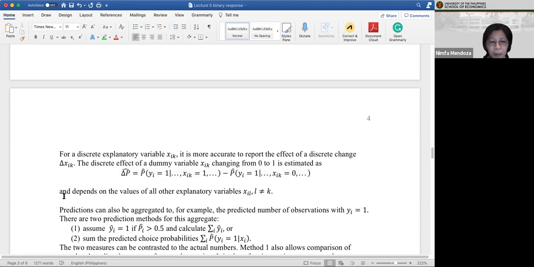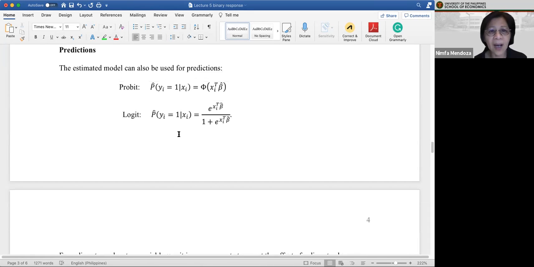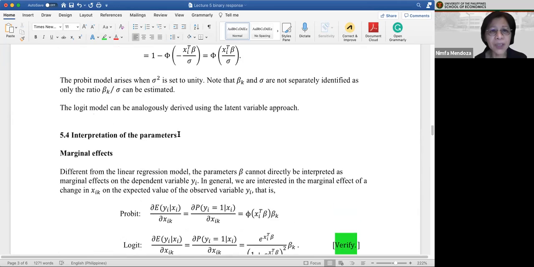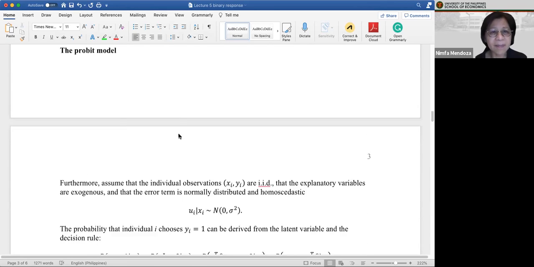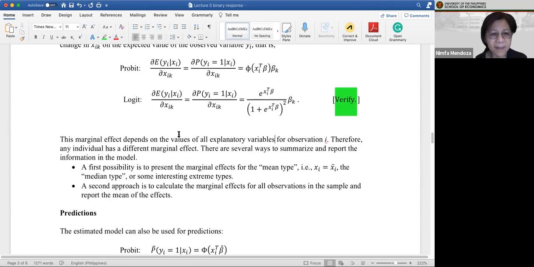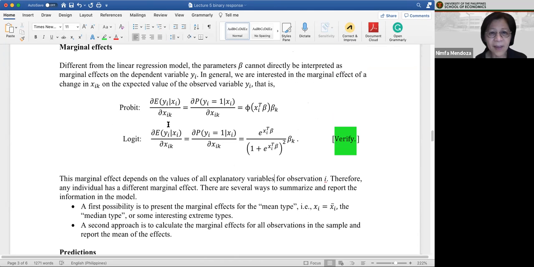So this effect of the dummy variable on the response probabilities depends on the values of all other explanatory variables x sub il, l not equal to k. Note that if x sub ik is a dummy variable, it does not make sense to have the marginal effect.